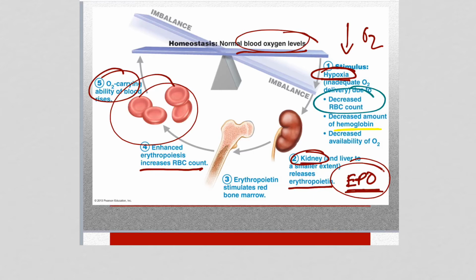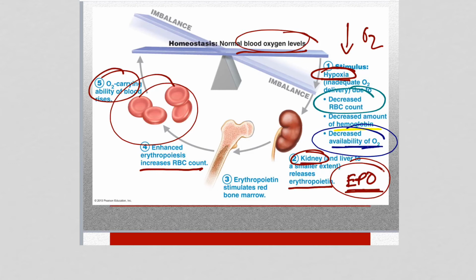If you have less hemoglobin, then you're not going to have as much oxygen bound to it. And then it also could be as a result of a decrease in the availability of oxygen. So, for example, if you're living at a higher altitude, or if you had pneumonia or something like that, the availability of oxygen would be decreased.